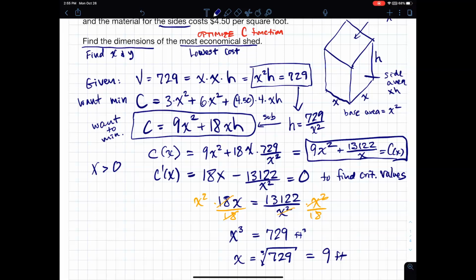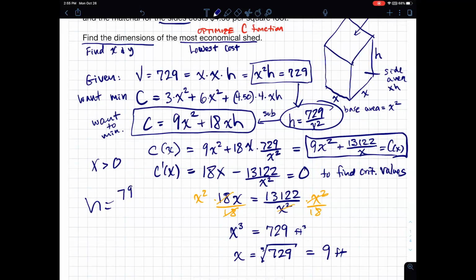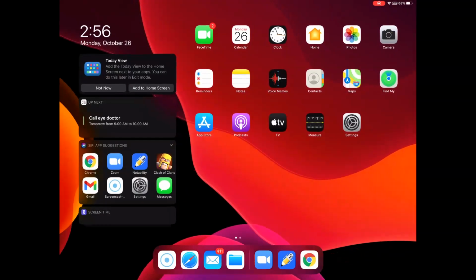So it looks like it's coming out to be a cube. In our case, x came out to be 9, so it looks like they're all 9. So that's going to be 81, which is a 9. It would have been more interesting if it wasn't a cube. If you changed the costs, I think you would get something different. But nonetheless, it is what it is.